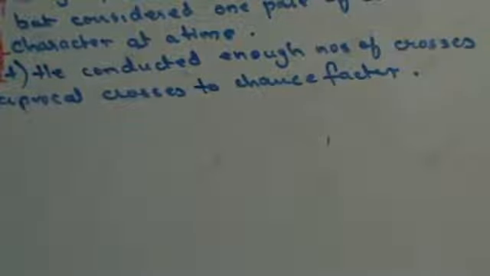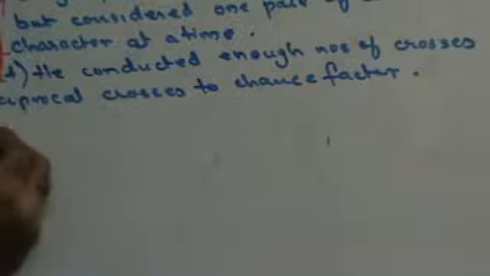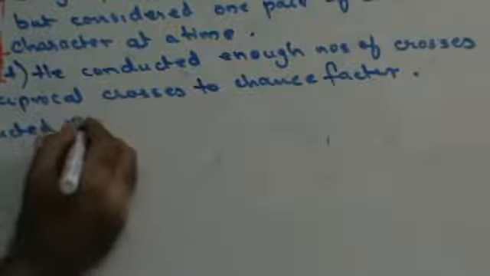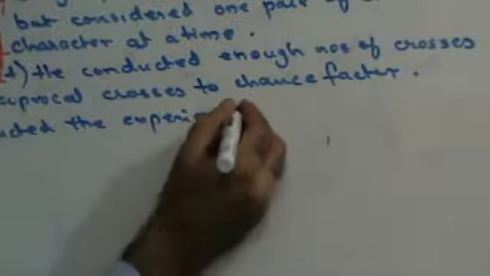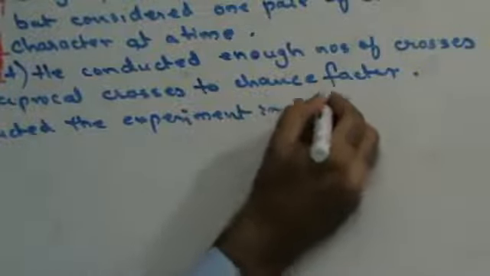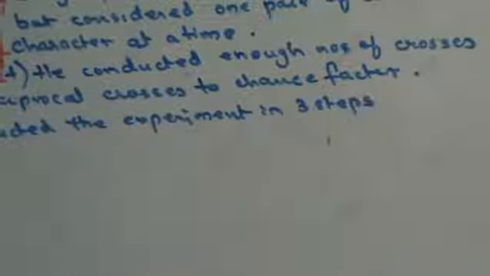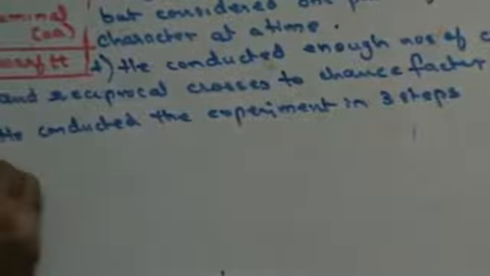Right? Now, he conducted the experiments in 3 steps. So this was the method that was used by Mendel. Now, what were the 3 steps?